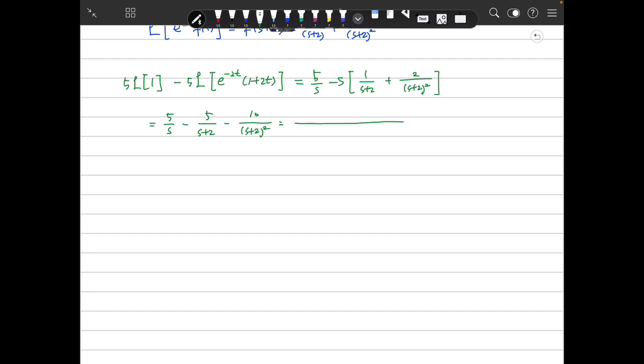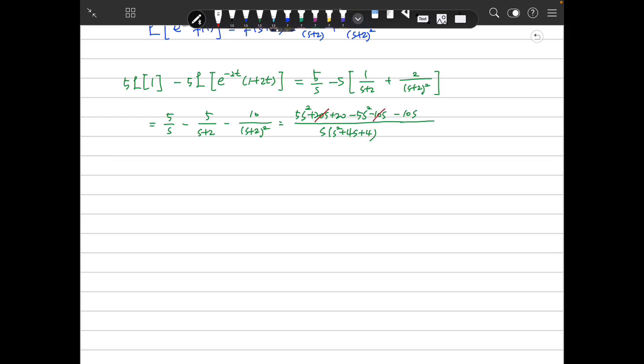So here is s times s squared plus 4s plus 4, and 5s squared plus 20s plus 20 minus 5s squared minus 10s and minus 10s.